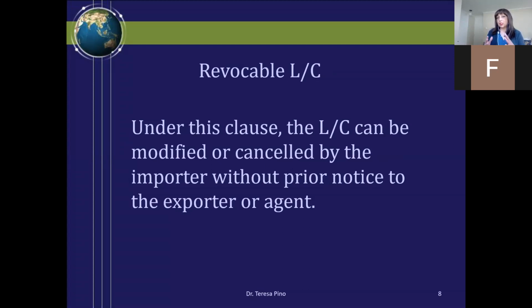A letter of credit is always one or the other. It's never without. It's always revocable or it's always irrevocable. So that depends on the deal. That's why the deal between the two parties is always important. So remember, revocable means that the letter of credit can be changed, can be canceled by the importer. Remember, he is the one requesting the money to pay the import.